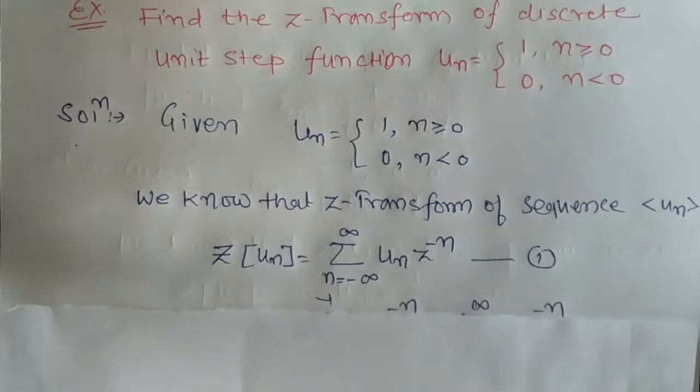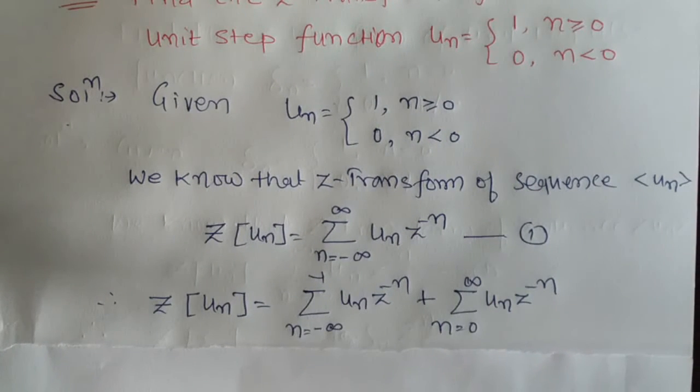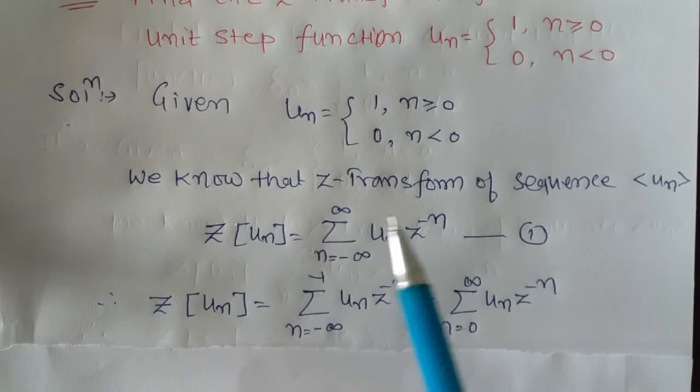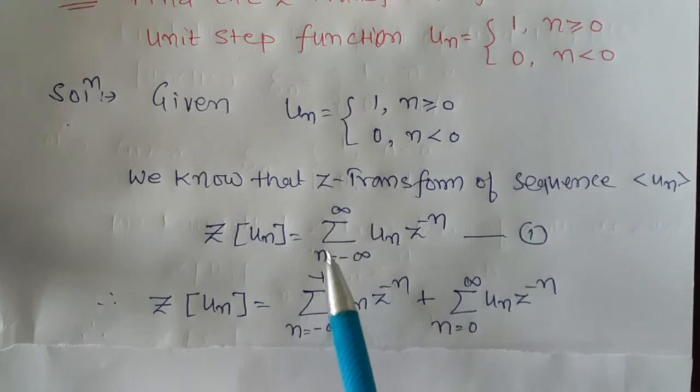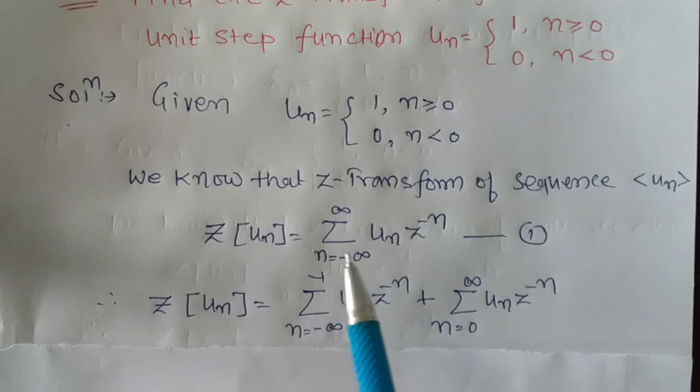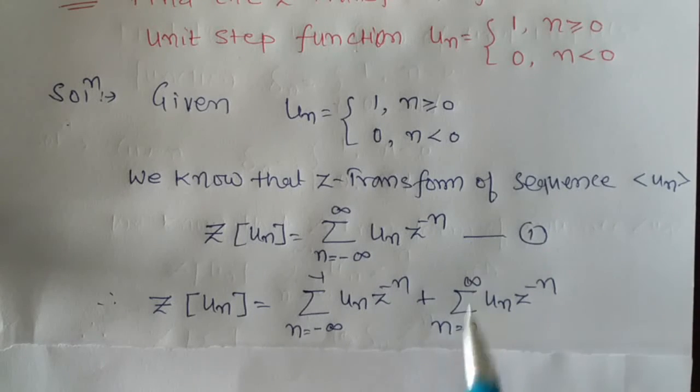Therefore the Z transform of the given function u n is equal to, here we split this summation in two parts: for the negative range of n, that is minus infinity to minus 1, and for the positive range of n, that is from 0 to infinity.